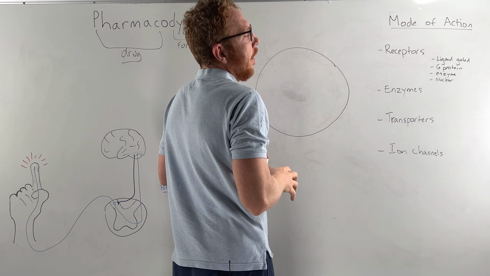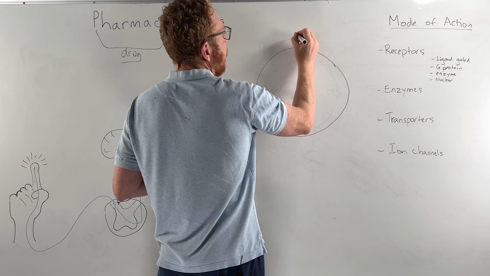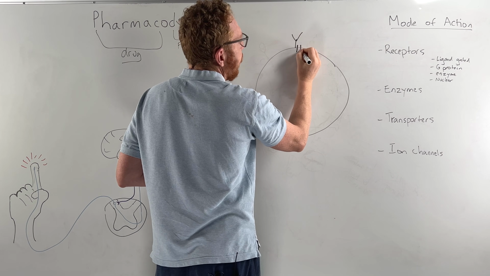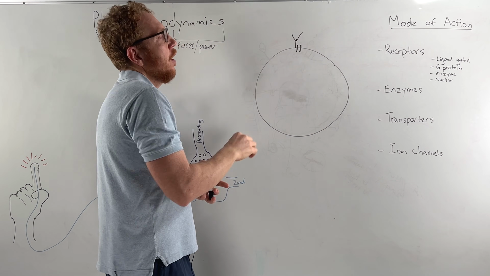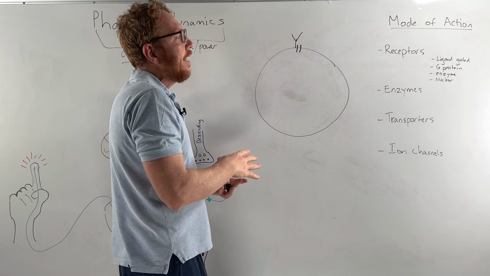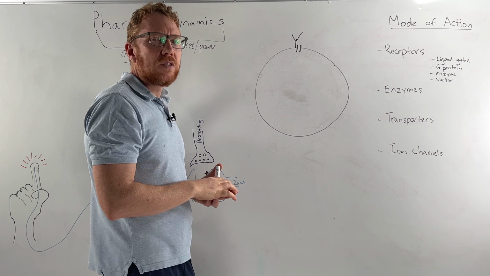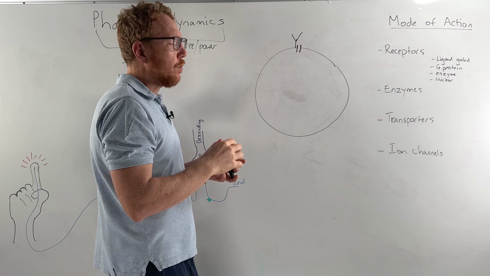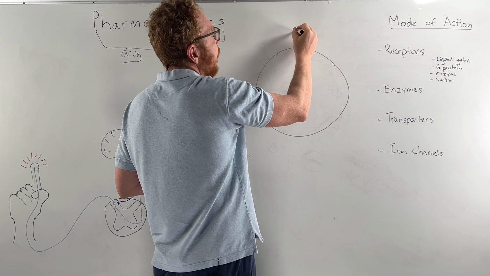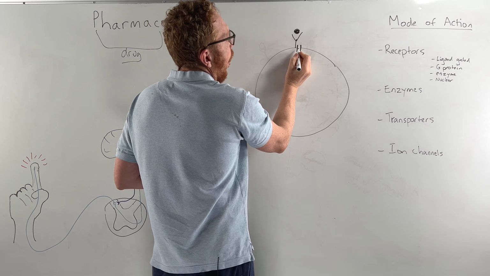The first one is what we call a ligand-gated receptor. This means you've got a receptor on the outside that is intimately connected with a channel. Binding to this receptor will open a gate, which is a channel, and then we can have the movement of something across the membrane. For example, nicotine binds to a ligand-gated receptor and opens a channel.